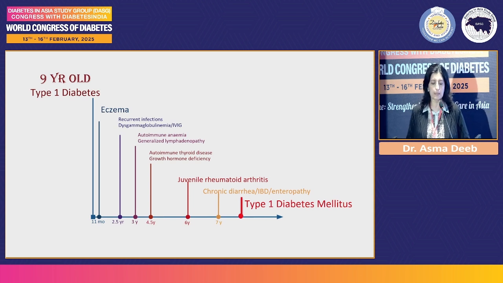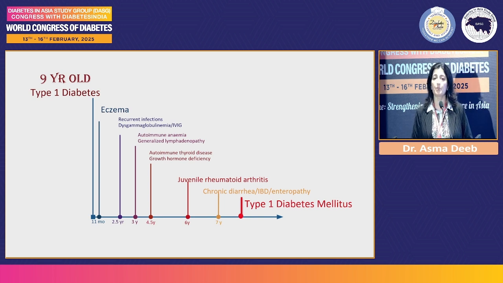This is the last case I would like to discuss with you in my last 2 minutes of the talk. This is a 9-year-old child who had eczema, recurrent infections, dysgammaglobulinemia, autoimmune anemia, autoimmune thyroid disease, growth hormone deficiency, juvenile rheumatoid arthritis, and enteropathies.